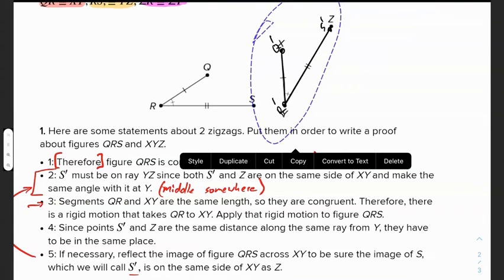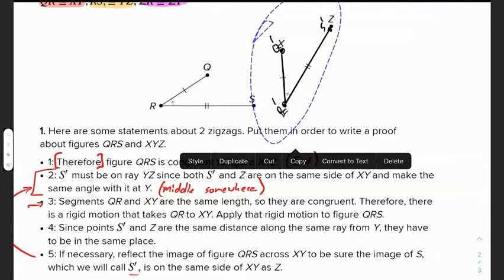That's what number 3 says: they are congruent, therefore there's a rigid motion that takes QR to XY. Apply that rigid motion to figure QRS. We just did. And then number 5 says, if necessary, reflect the image of figure QRS across XY to be sure that the image of S, which we call S prime, is on the same side of XY as Z.